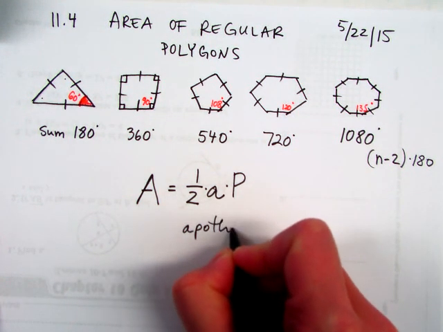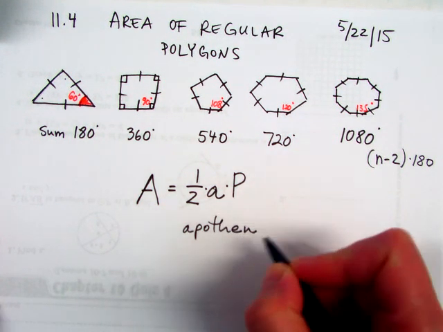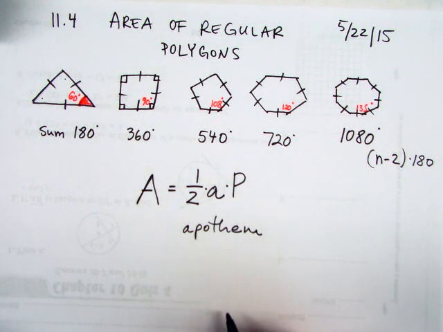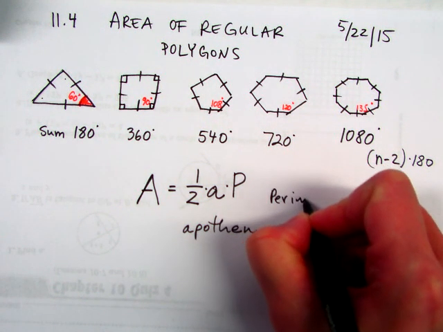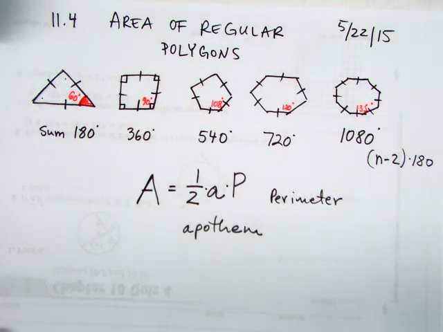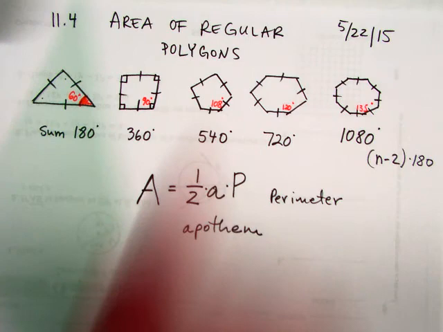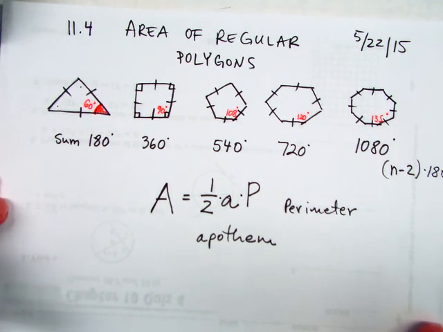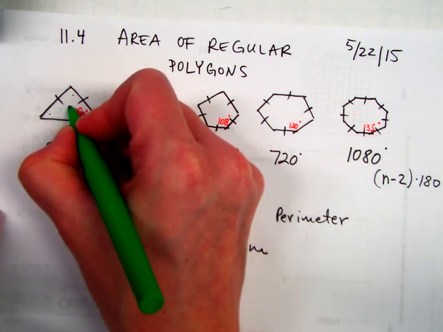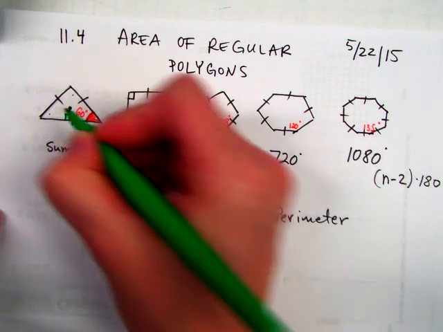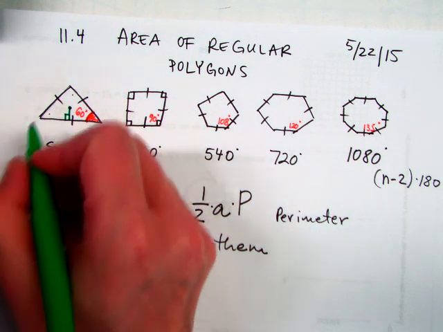Apothem, however you want to say it. What does the P stand for? Perimeter. Now, each of these shapes actually has an apothem. Even though we never learned it for an equilateral triangle, it's just a segment from the center that's perpendicular to the side, and it actually bisects the side.